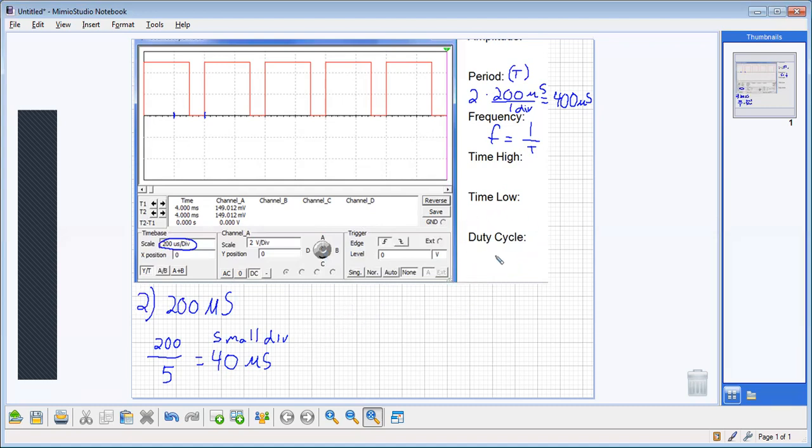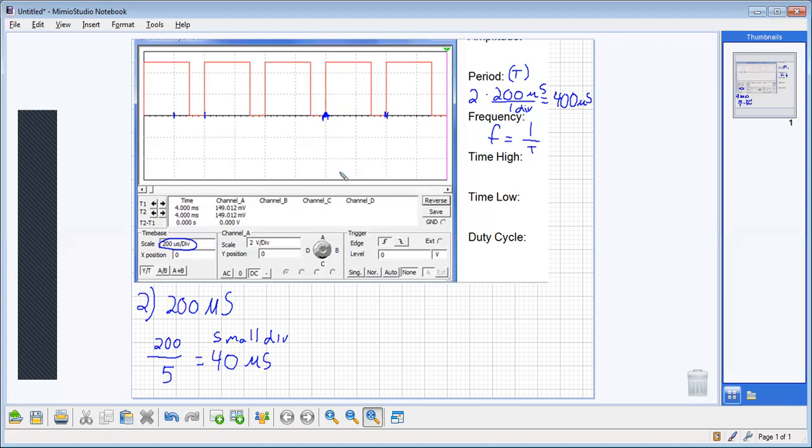Remember, duty cycle is expressed as a percentage, and you should be able to estimate that. We know that this start to finish is the period, so from here to here, this one signal is working for over 50% of the time. So that's going to be well over 50%, more like 75%, somewhere around there.